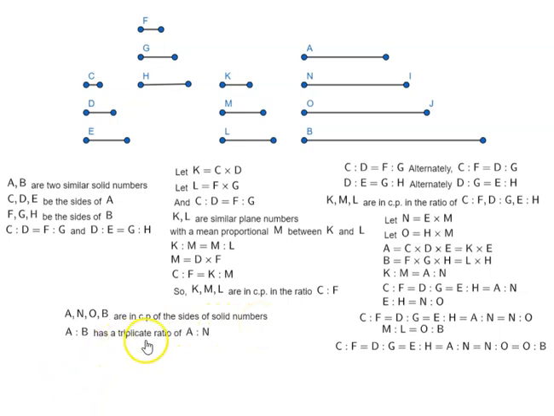A to B has a triplicate ratio of A is to N. A is to B is equal to A cube is to N cube. This is one of our previous propositions which we have already proved.